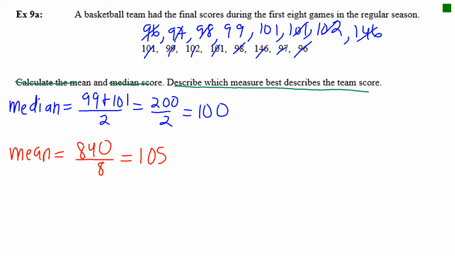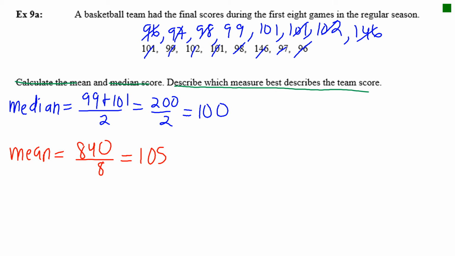The fourth score was 101, again, 1 point away. Fifth score was 98, 2 points away. 146 is 46 points away. 97 is 3 points away from the median. And then 96 is 4 points away. So notice most of those scores are pretty close to 100. They're only 1 or 2 numbers apart, with the exception of 146.